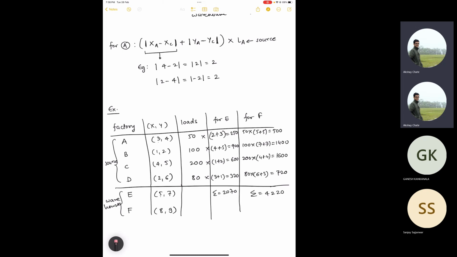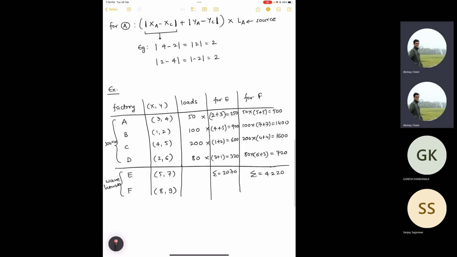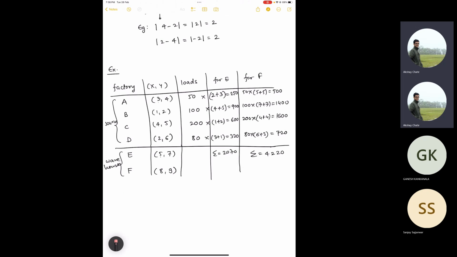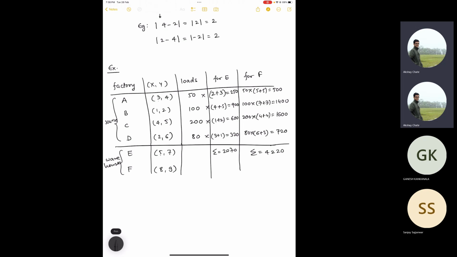Okay, so now you see it is quite clear, right? See what happens here. For destination E, the summation is 2070, whereas for destination F it is 4000, almost double.